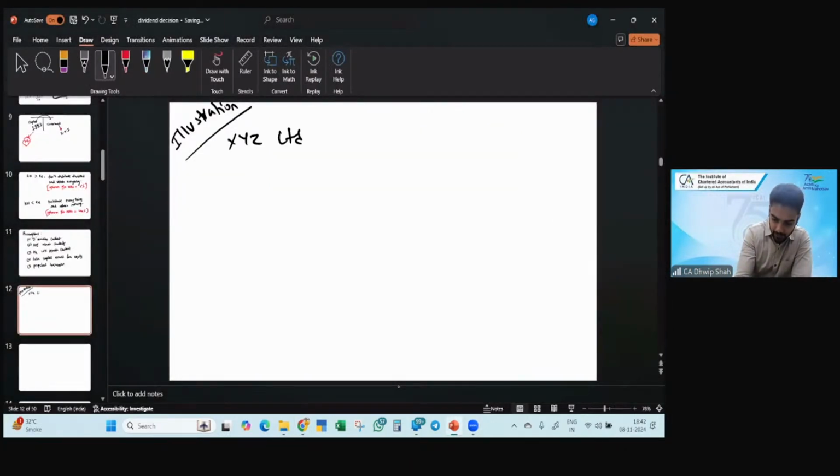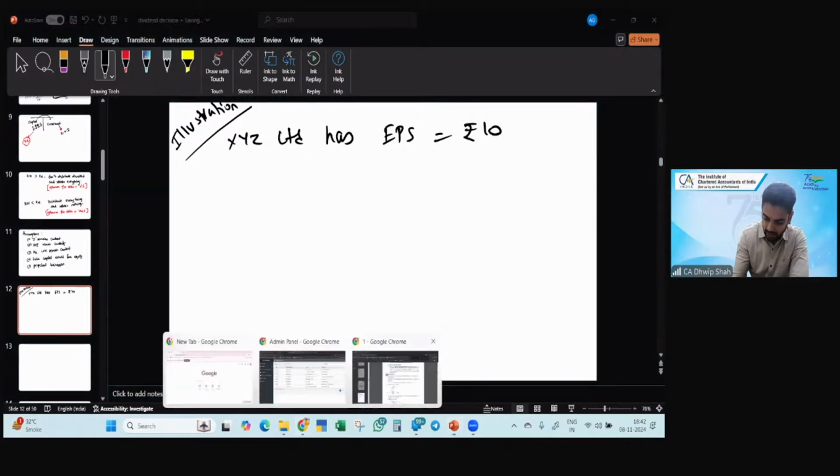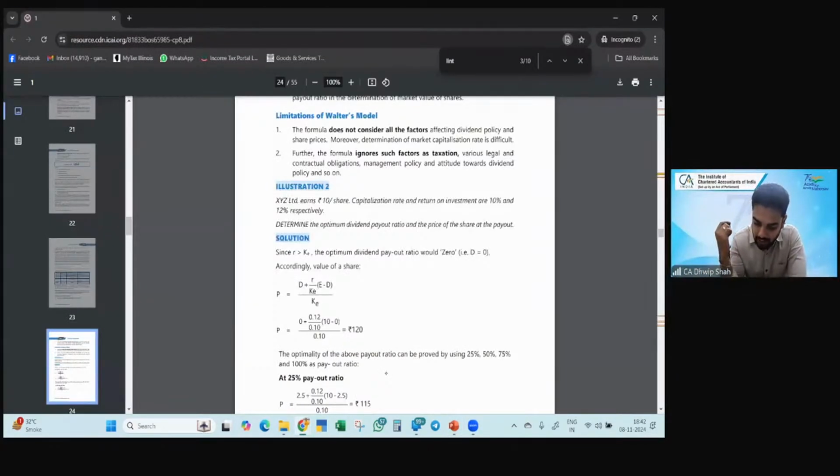XYZ Limited has earnings per share of rupees 10. This is the illustration in the question. Illustration 2. Capitalization rate, that means KE, is 10% and return on investment ROI is 12%.